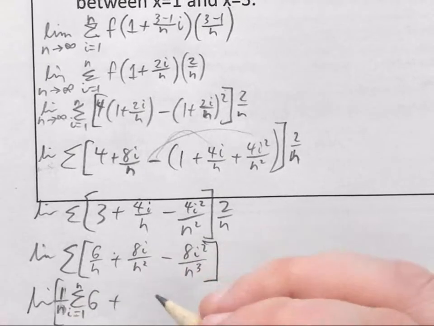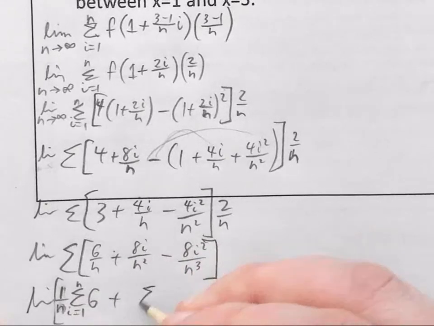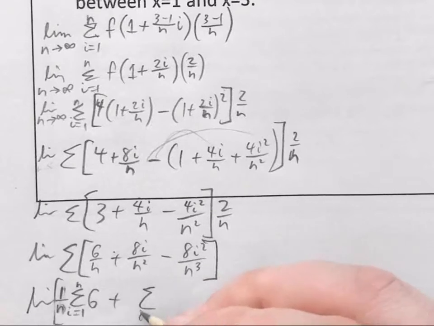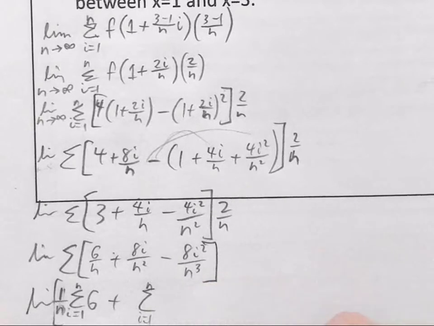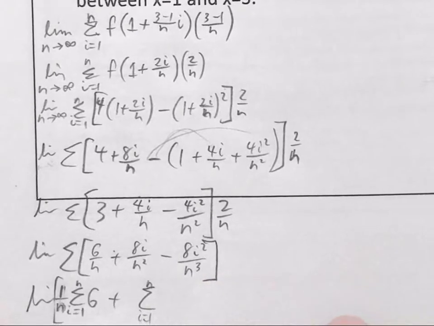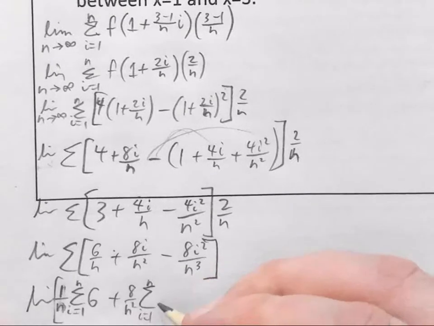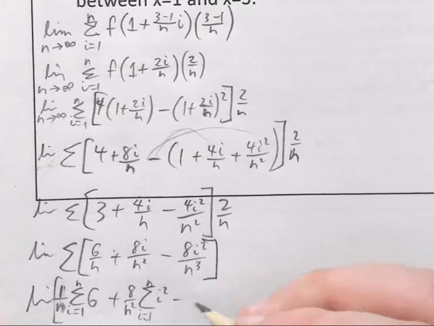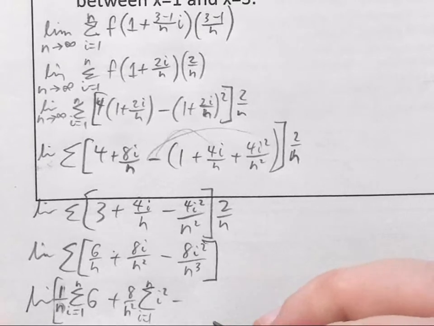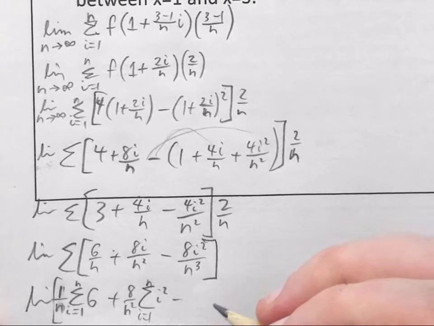And then over here, what am I going to take out of this one? Eight over n squared, yep. Leave just the i squared. And what am I going to take out of this one? 8 over n cubed.